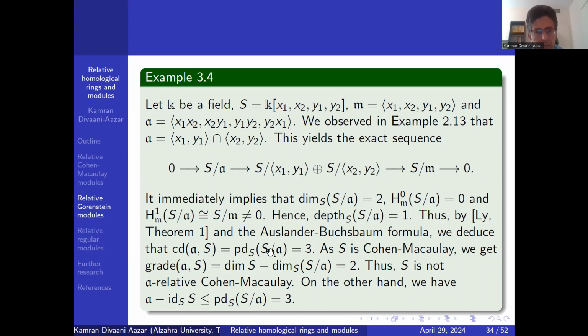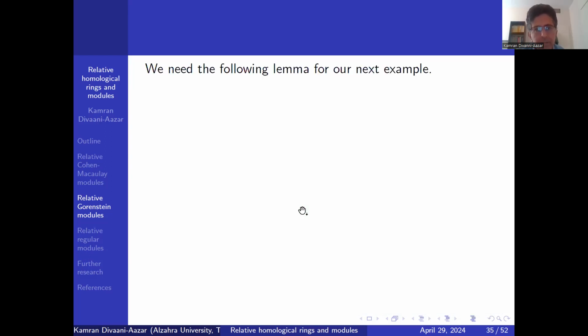Here we have S/A, a cyclic non-zero S-module with finite A-relative injective dimension, but S, the ring, is not relative Gorenstein, and it is not even relative Cohen-Macaulay. So this is a bad example for our theory.